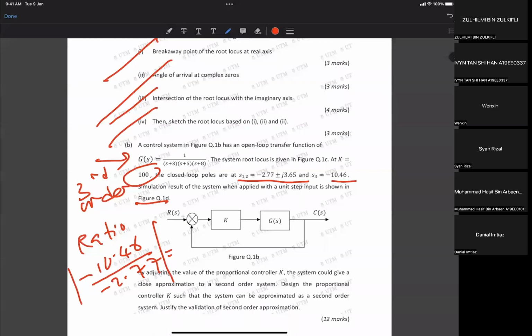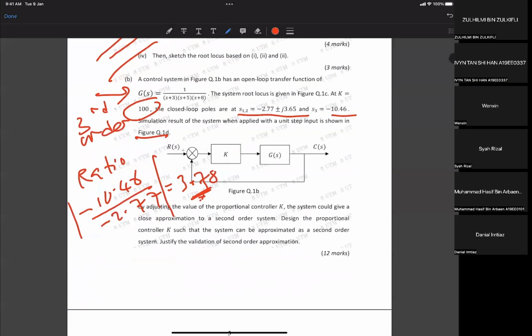Ivin Tan? Yes, doctor. The ratio 10.46 divided by 2.77 is 3.78. Meaning that this one is purely third order because we cannot ignore the third pole.